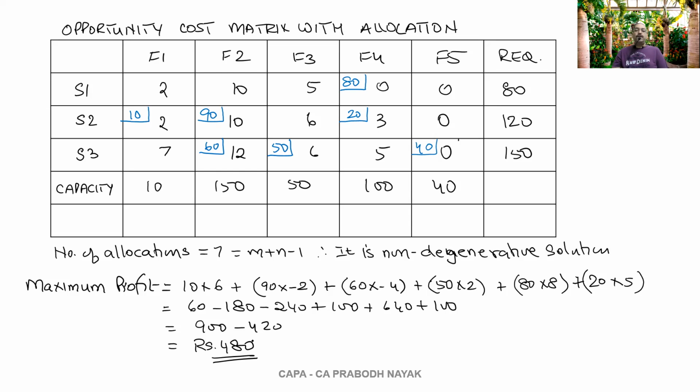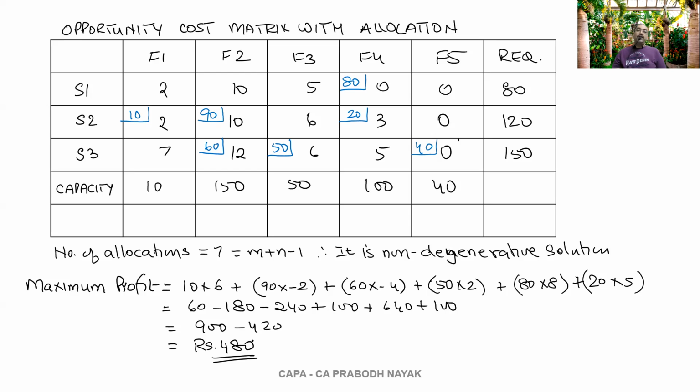I will take only this cost matrix and put it in the columns, so I will get the figures for S1, F1, S2, F2, and so on. The problem becomes totally different if it was not a transportation problem, but since it's a transportation problem, we will have to solve it in this manner.